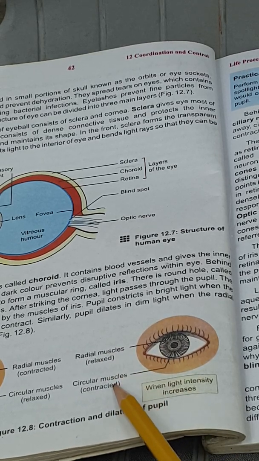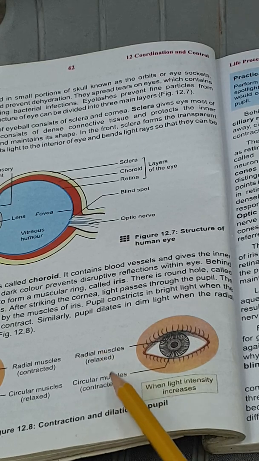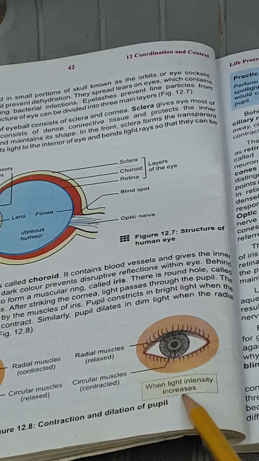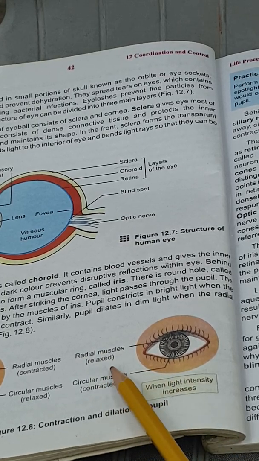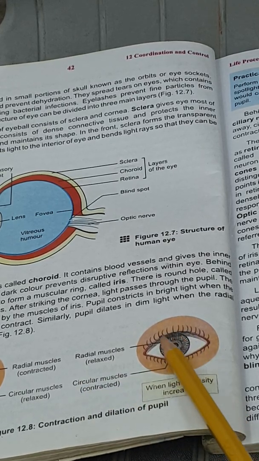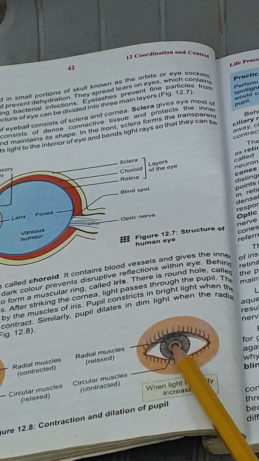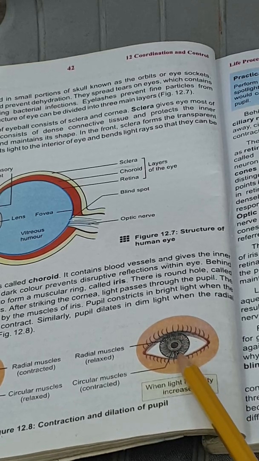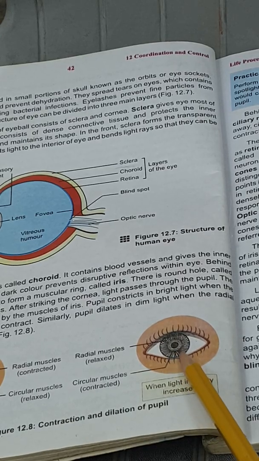These two types of muscle act opposite to each other. When the light intensity increases, the radial muscle relaxes and the circular muscle contracts, and the size of the pupil becomes small, because there is need of less light to enter inside the eye.